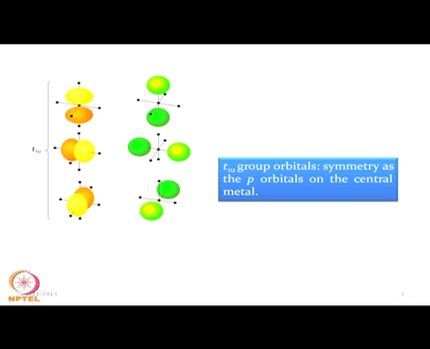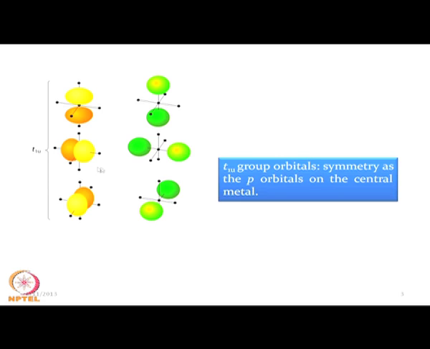But it is not the true picture for explaining the metal-ligand interaction, and to explain nicely the amount of interaction between the metal and the ligand, and to explain the entire spectrochemical series, we should also utilize the p orbitals.